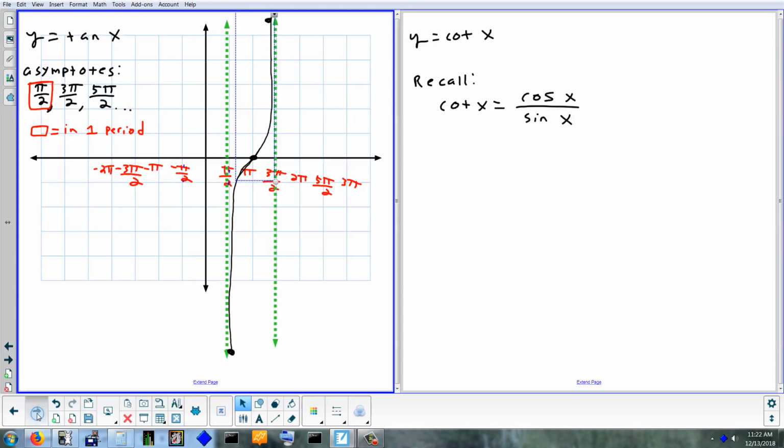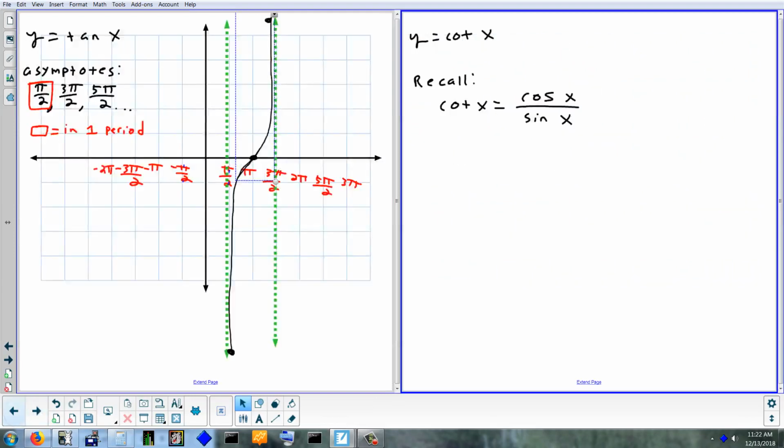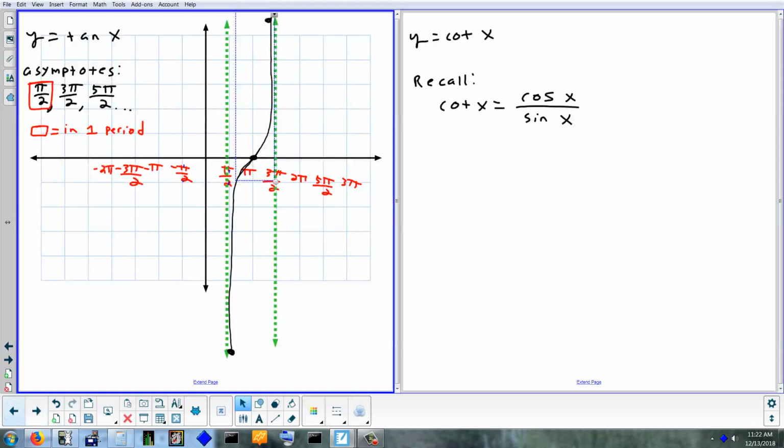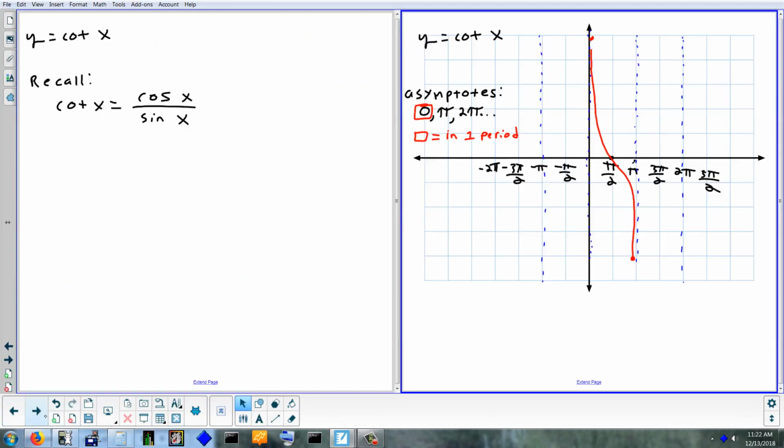All right. So we can just look at a sketch of that. I already have it. So if you look, pi is an asymptote. Go back to tangent. Pi was a 0. The other thing, 3 pi over 2, pi over 2. Those were asymptotes. Look at them now.